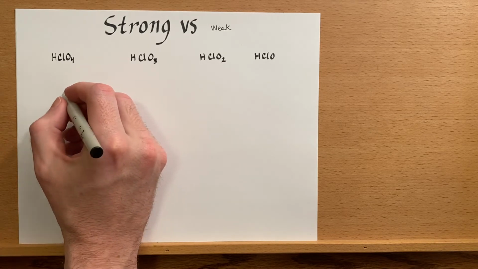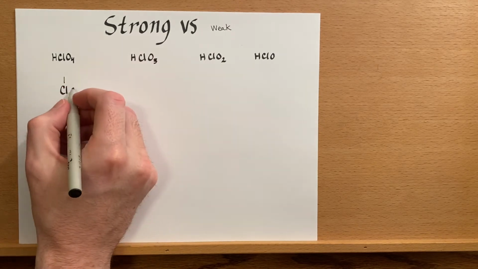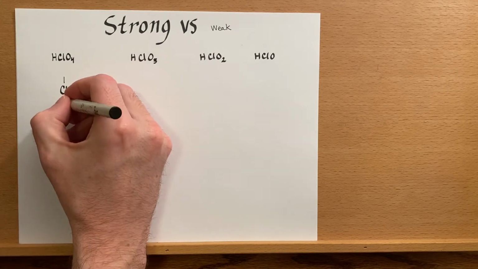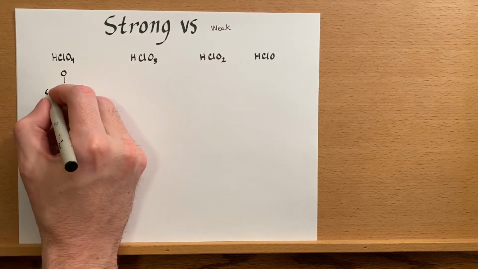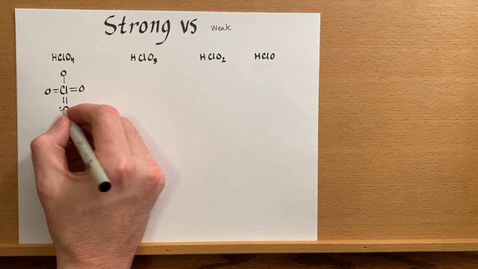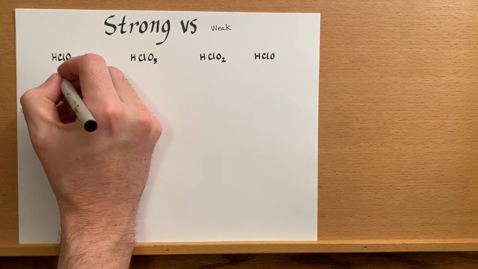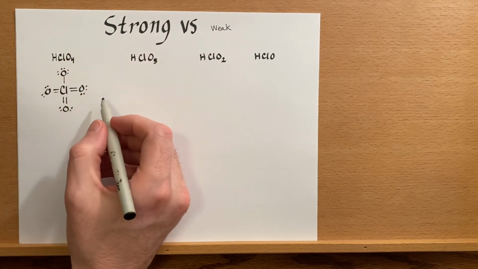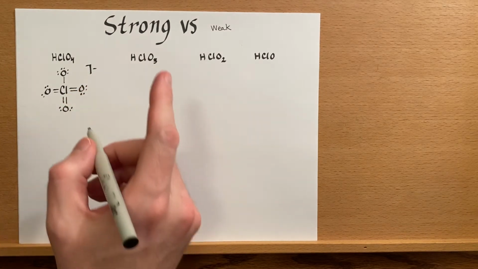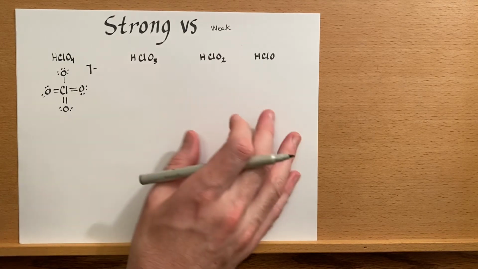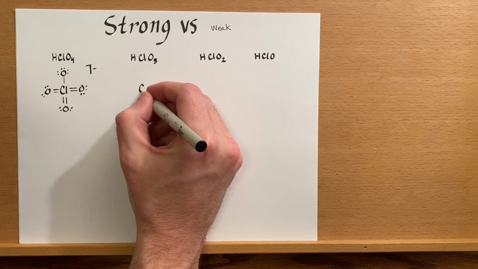Chlorine is in the middle. And then we have oxygens surrounding it. And I'm going to skip directly to the answers here. And there's a negative charge on this ion. There's also a negative charge on the chlorate ion. So let's draw the Lewis structure of that very quickly here.